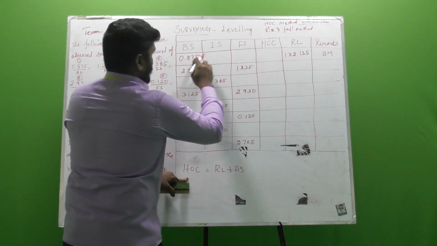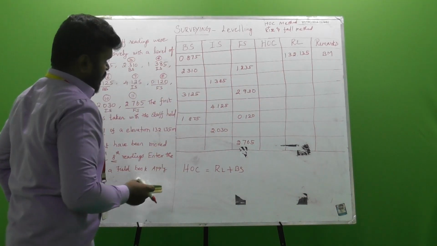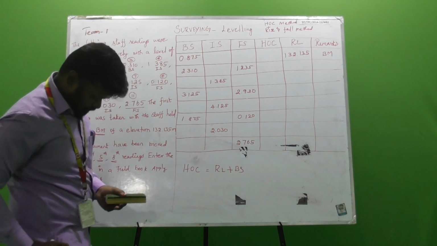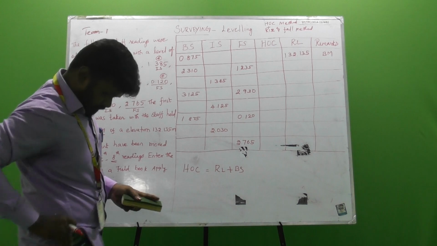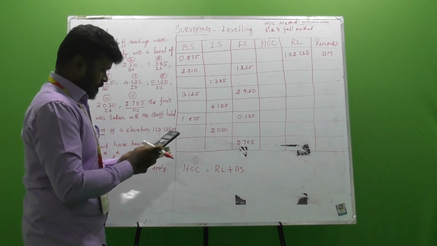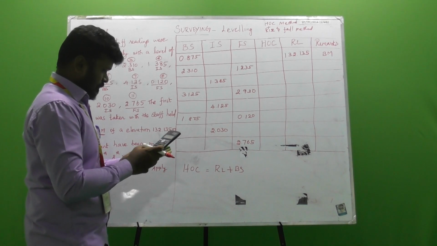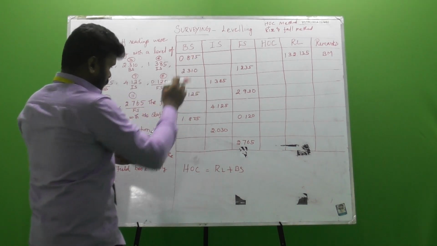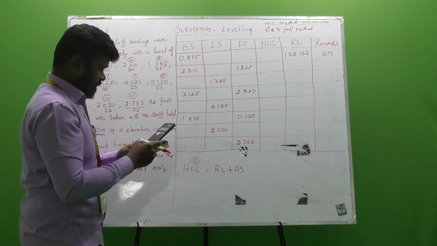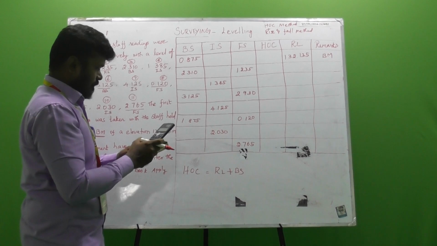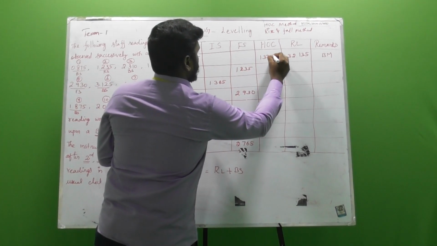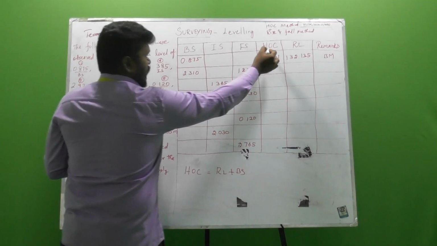So RL plus BS: 132.135 plus the BS value, 0.875. So the value is 133.01.